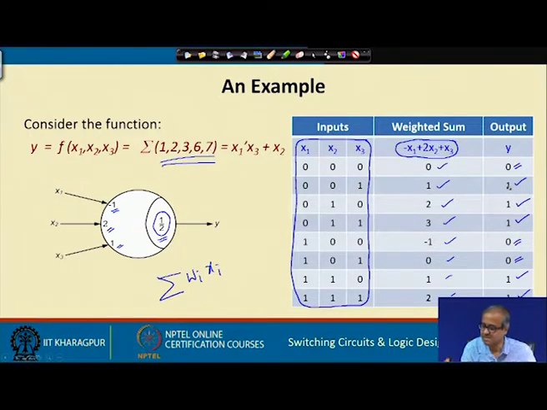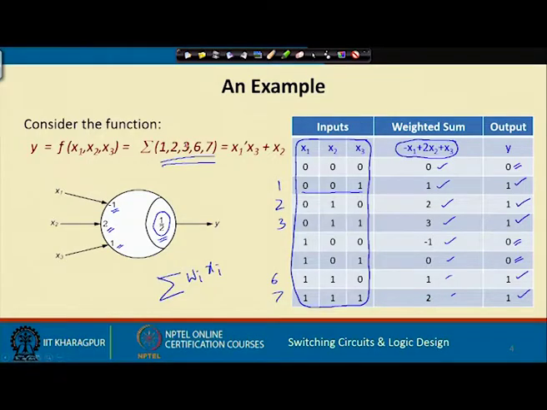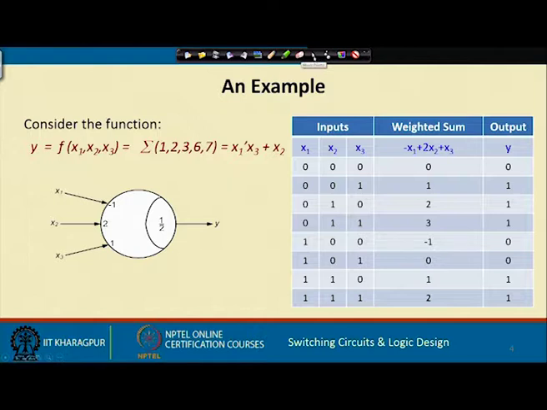This 1 corresponds to 0, 0, 1, which is 1, this is 0, 1, 0, which is 2, 0, 1, 1 is 3, 1, 1, 0 is 6 and 1, 1, 1 is 7. You see 1, 2, 3, 6, 7, this is what you wanted to implement. So, this example shows how using a single threshold element or gate we can implement a complex switching function or switching expression.